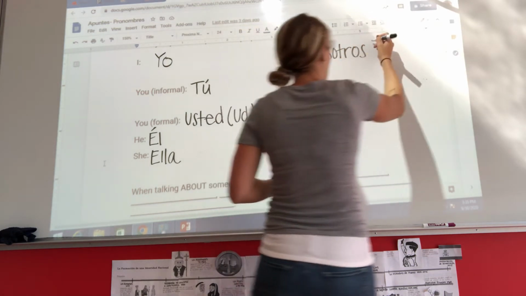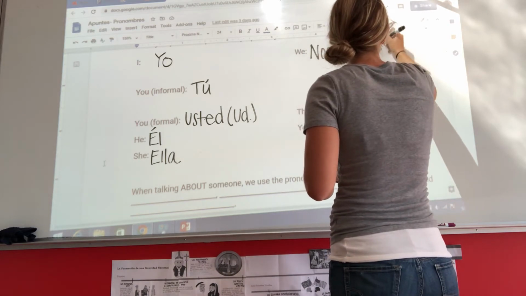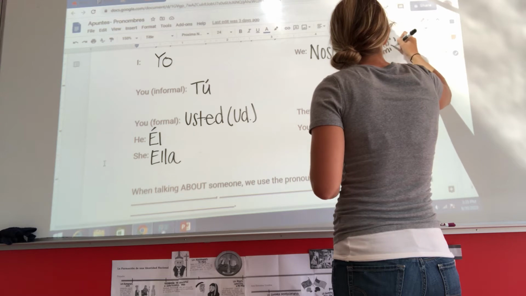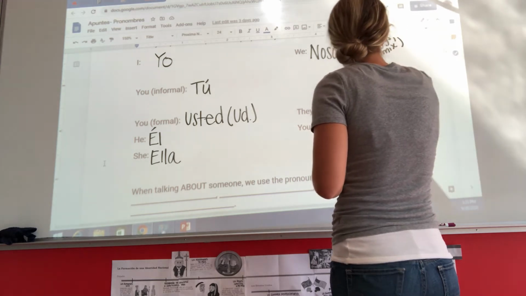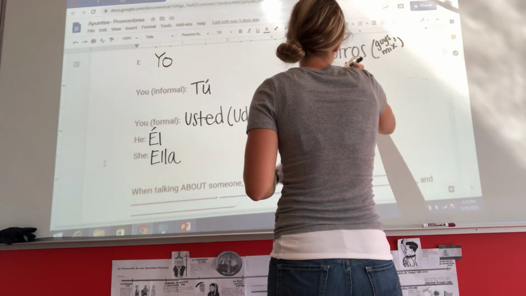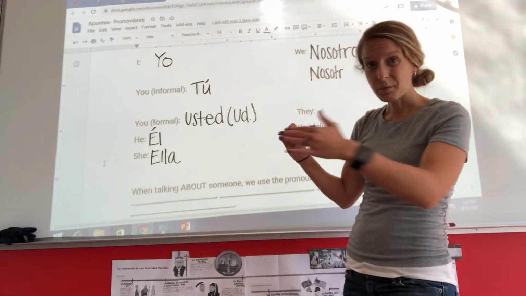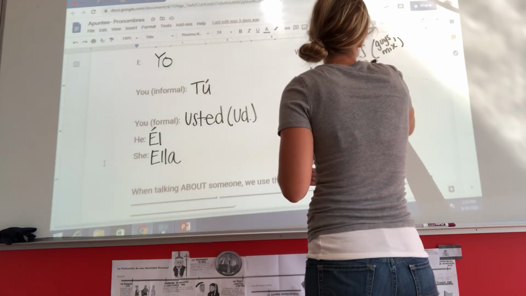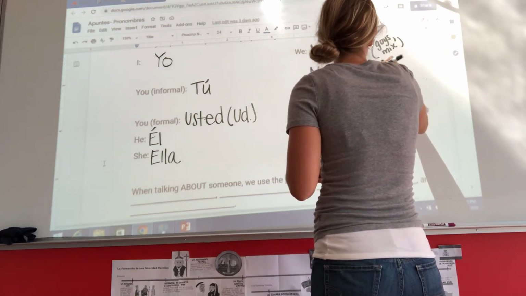This is when it's all guys or a mix. Nosotras, when it's we, and I'm a girl and all the people I'm hanging out with are girls as well. Nosotras. It's all girls.